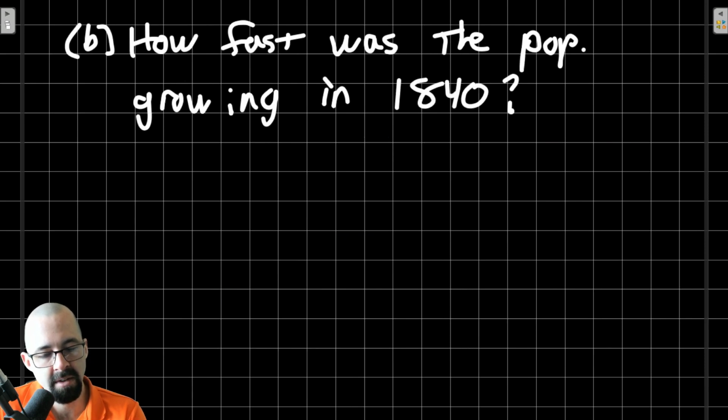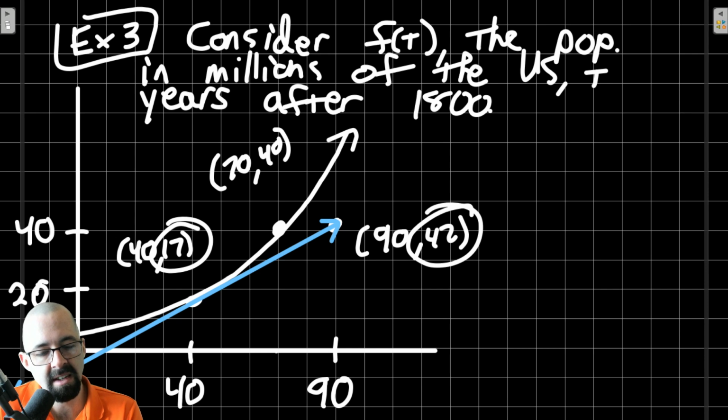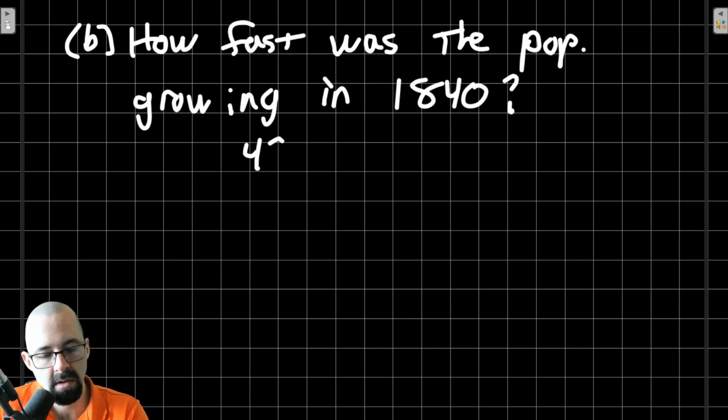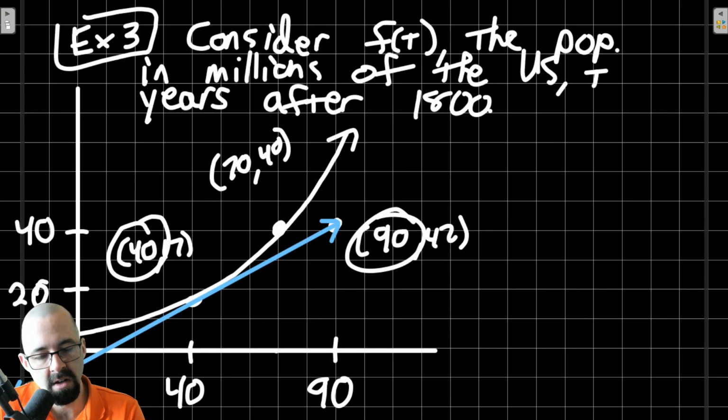All right. So that's what we're going to do. We're just going to find that slope, which was rise over run. So 42 minus 17, that's the change in y values, over the change in x values, which is 90 minus 40.